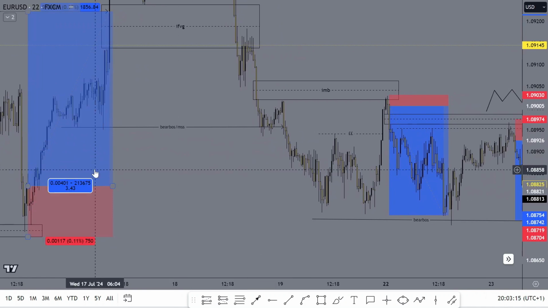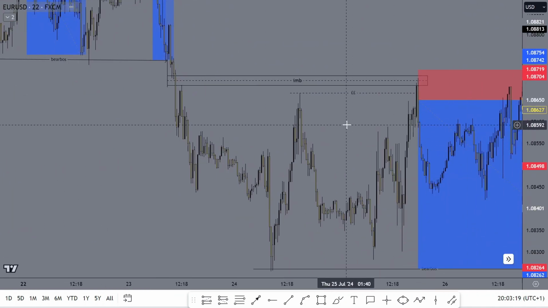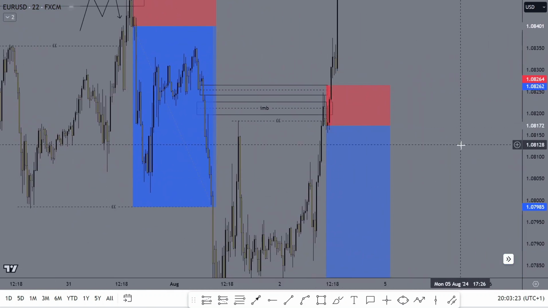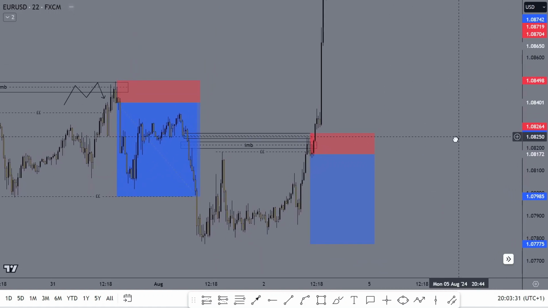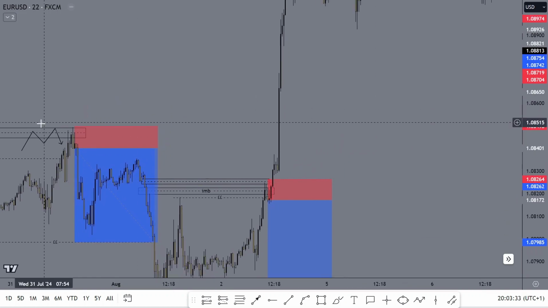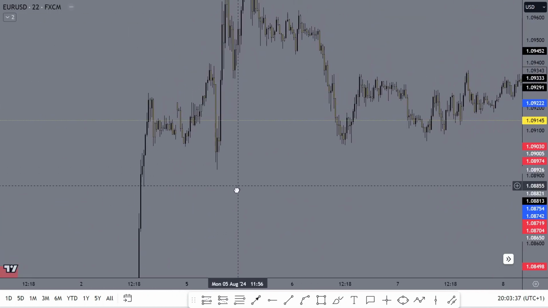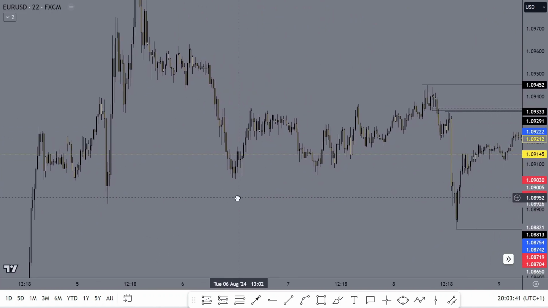So as you can see, 1, 2, 3, 4, 5, 6. 5 trades hit the take profit, the 6th trade hit the stop loss. But all that means is now that you know that we've gone in the other direction, price is broken through, so you can continue looking for buys.